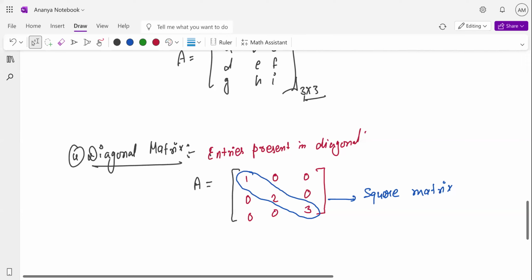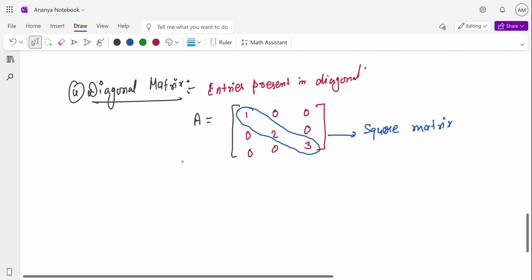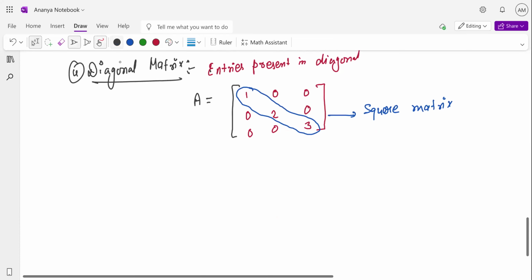All right. Now, next comes the scalar matrix. A very simple difference: equality. If you see in a diagonal matrix, it was not necessary that all the diagonal elements were equal. They can be different, distinct.